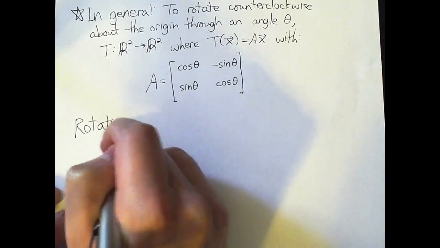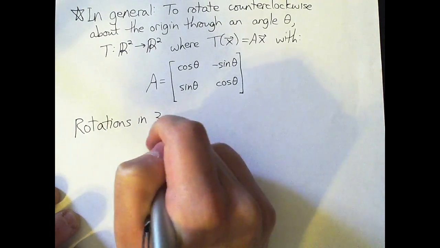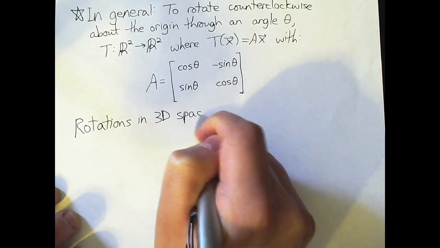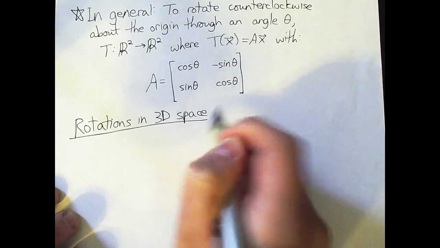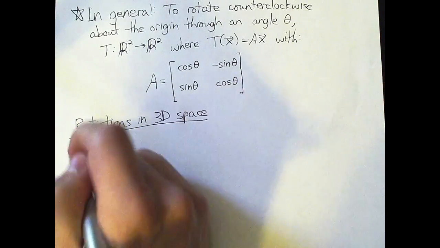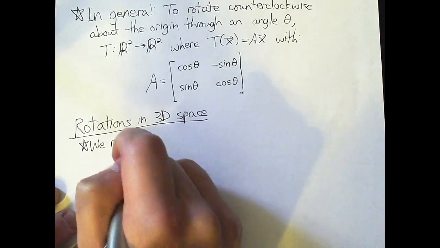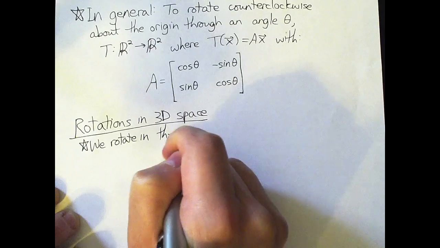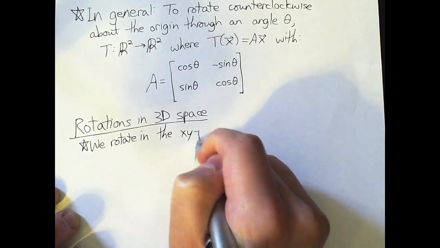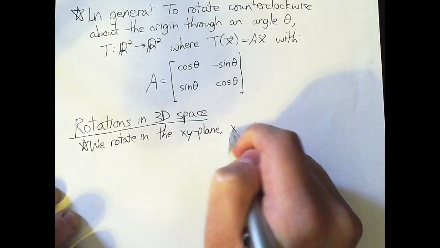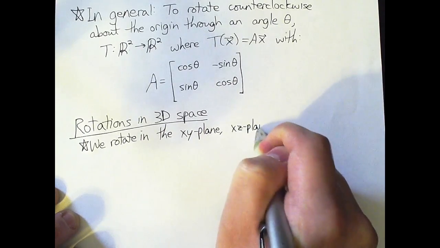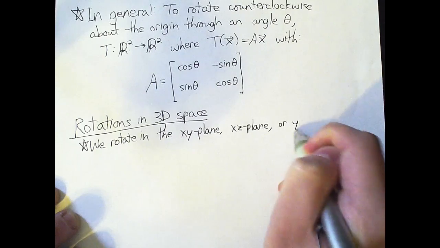Let's talk about rotations in three-dimensional space. I'm not going to draw a picture of this, but it's similar to what we just did for the two-dimensional case, except now we rotate in the xy plane, xz plane, or yz plane.